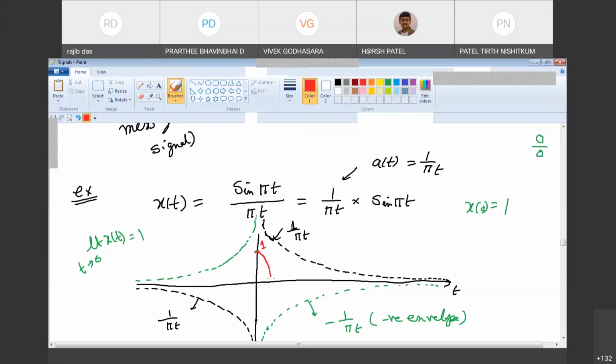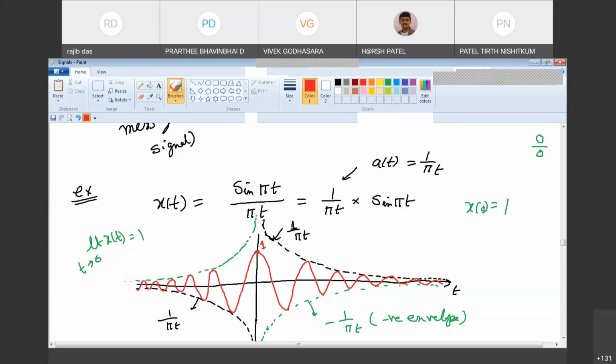Okay, so it should have a minimum value here, it should touch this one, then again touch this one, touch this one, like this. Okay, similarly this side. Clear?